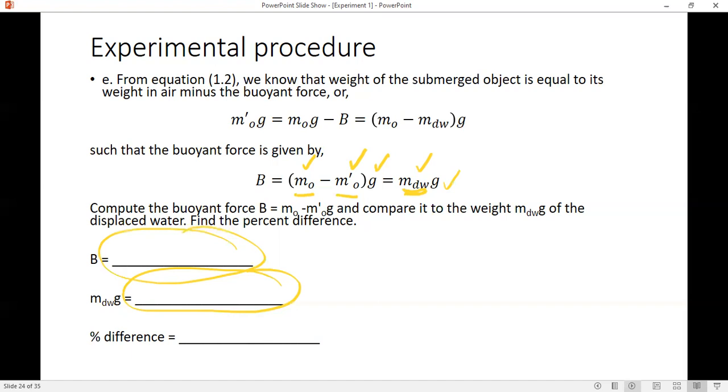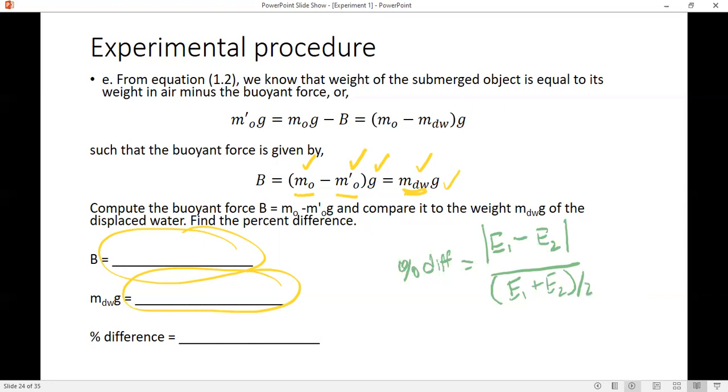Remember percent difference? When we do percent difference, we take two experimental values, 1 and 2. It's actually the difference between the two. You take the absolute value, and then you divide that by the average value of the two. Of course, this is divided by 2.